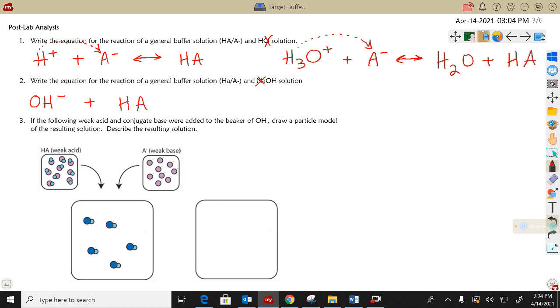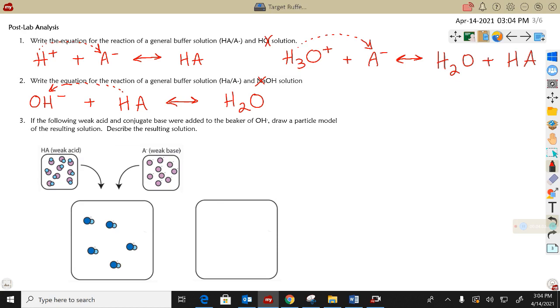Here we're just calling it HA. Alrighty, so the job of an acid is to produce hydrogen. That hydrogen then can react with the hydroxide, and we're going to form some water. So we can totally neutralize that hydroxide. We can get rid of it. We're going to turn it into water.